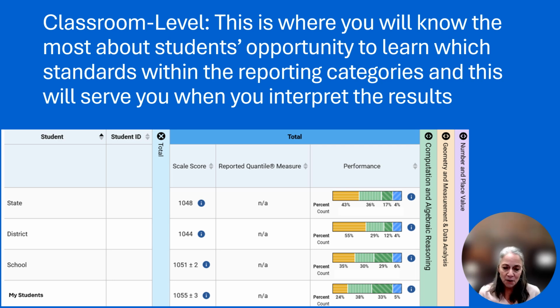You're going to know the most at the classroom level about, oh, I haven't even touched that standard yet, no wonder my students couldn't do that, or, something happened because only a couple of students were able to do this, and I know we've been through the unit on this, and I need to go back and figure out why. And there's a different tool for that, by the way.